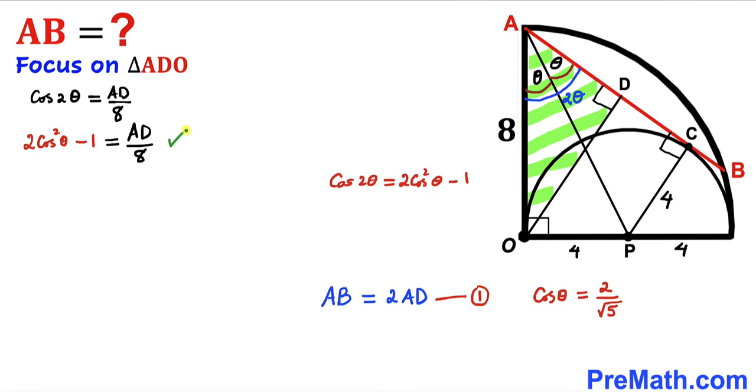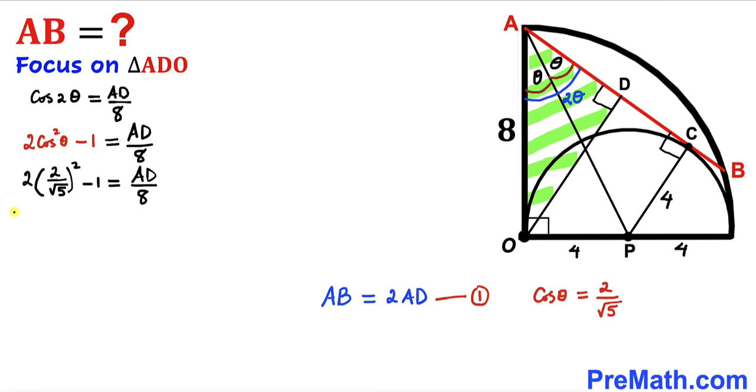As you can see in this next step, I have substituted cosine of 2 theta by this equivalent trigonometric identity. And now we know cosine of theta equals 2 divided by square root of 5, so I'm going to substitute that value over here. This becomes 2 times 2 divided by square root of 5 whole square, minus 1, equals AD divided by 8.